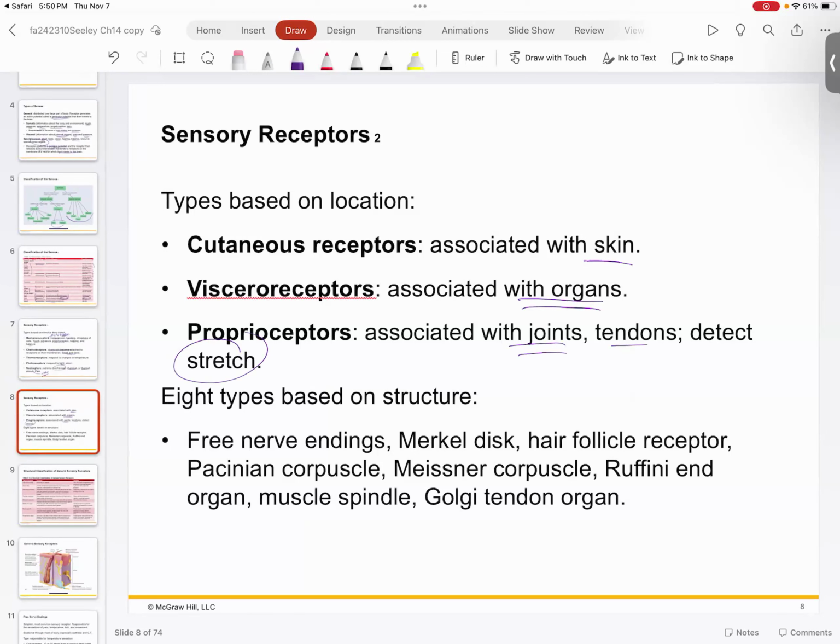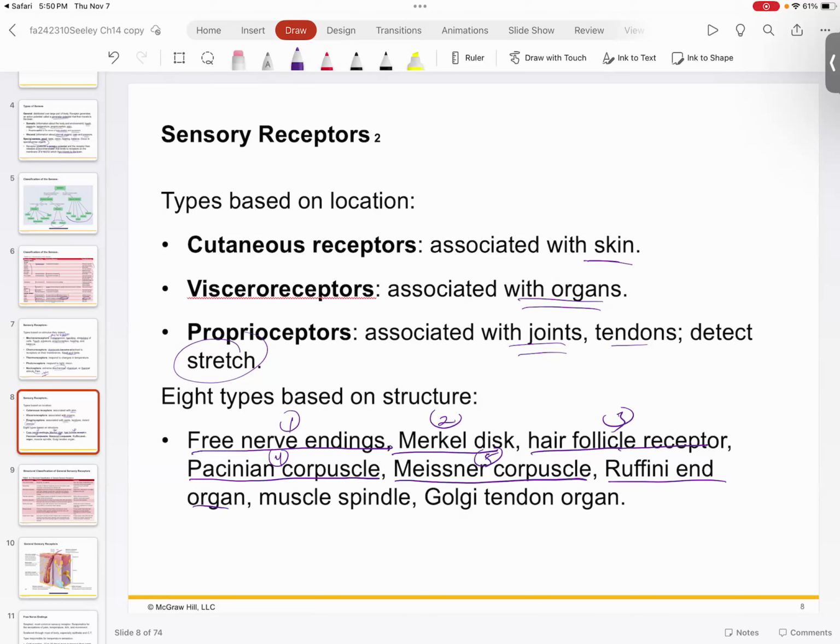And then, of course, the structure of some of these, you can see, are going to be some of the lists that we saw on the table, right? So for instance, you have free nerve endings, that's going to be one of them. The Merkel disc, which we see in skin, the hair follicle receptor, which is also in skin, the Pacinian corpuscle, which is deep pressure in the skin, the Meissner corpuscle, which is light touch, that's also in the skin, the Ruffini end organ, right?